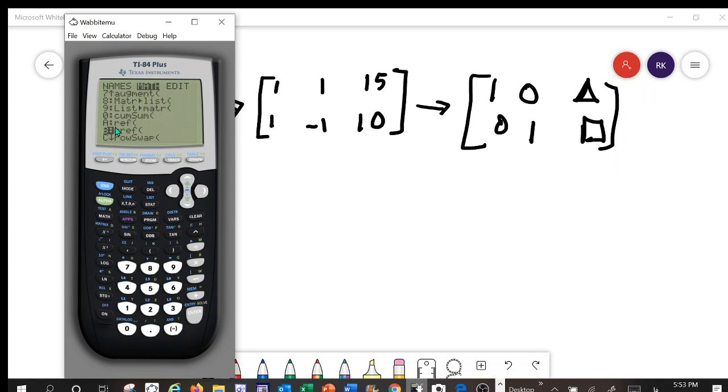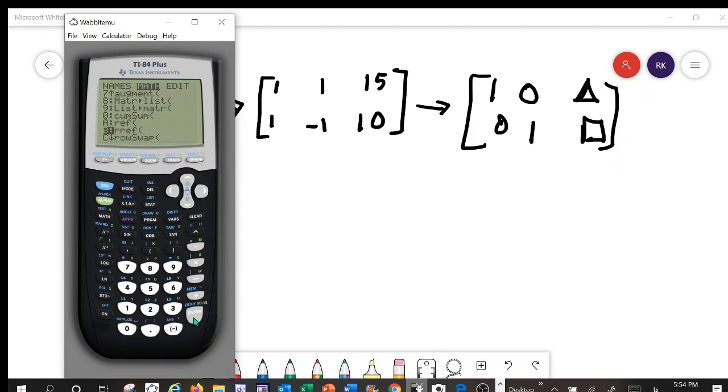Now, RREF stands for row reduced echelon form, which is this right here. So the calculator is going to take these rows and starting from this number, it is going to take this row, subtract it from here to make this 0. Then it's going to use this number to make that 0 and get it like that. Now notice that if it's a 50 by 50 matrix, this process takes a long time by hand. So technology helps us to do this.